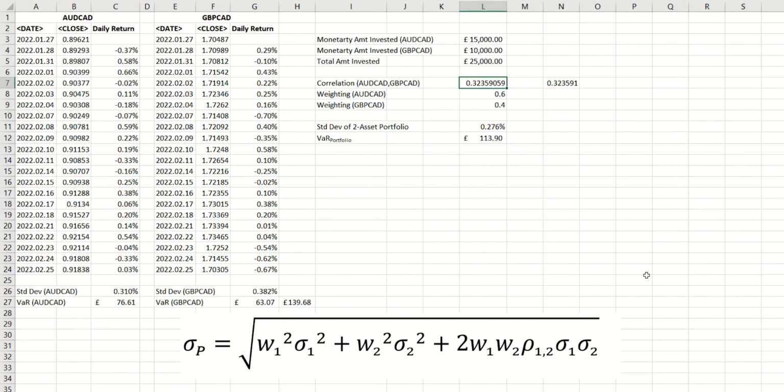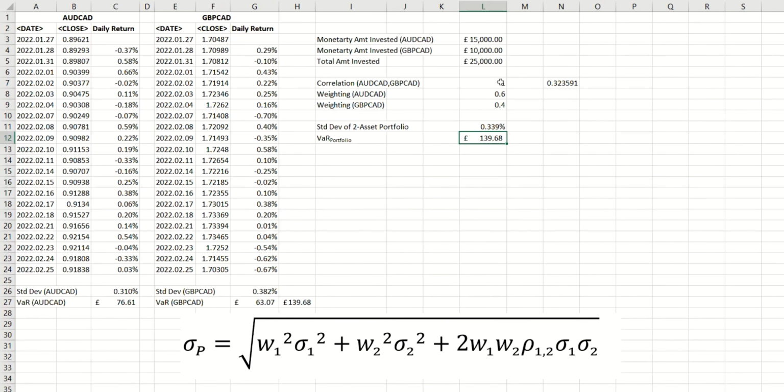Now, that value of 1 means that the 2 assets would be perfectly correlated. And if I go ahead and do that now, look what happens. The VaR for the portfolio is now 139.68, which is exactly the same as the sum of the value at risks for the 2 individual positions. And so that kind of makes common sense.